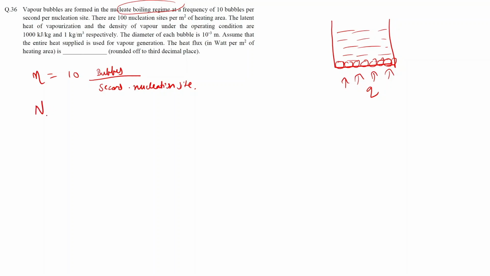Let's call this capital N, and this we are given as 100 nucleation sites per meter square of heating area.